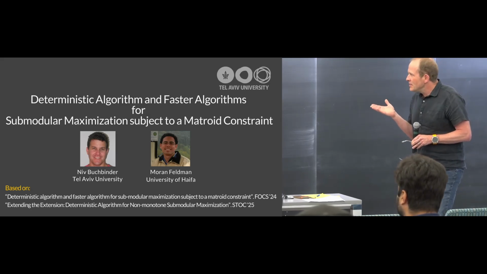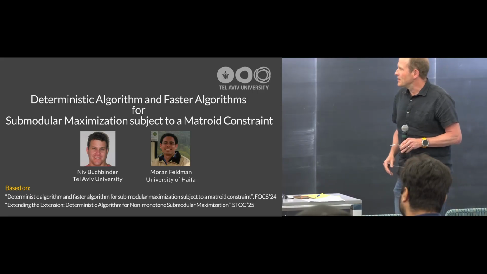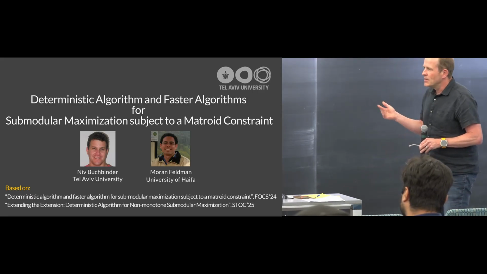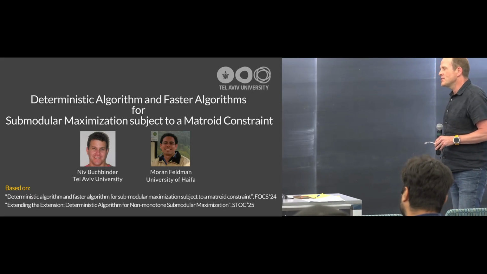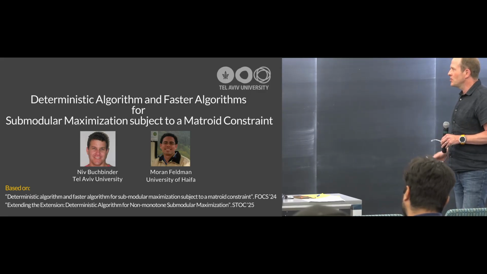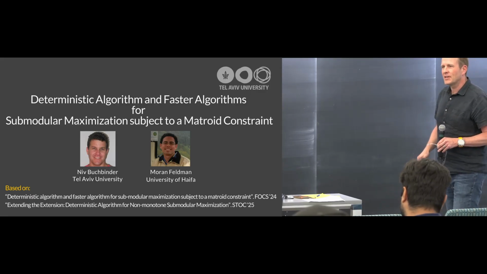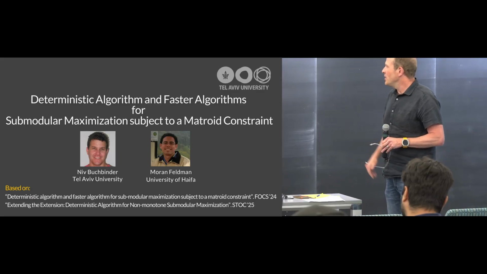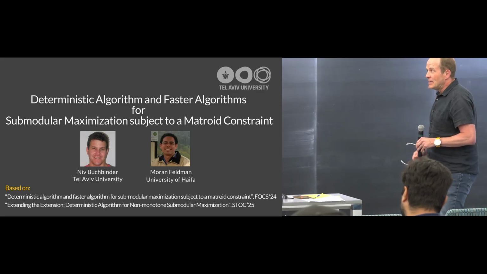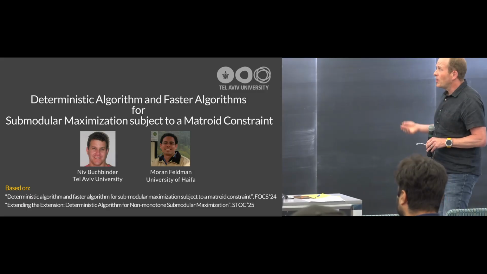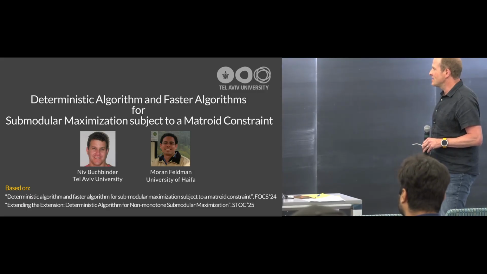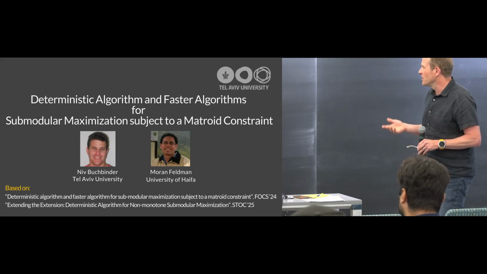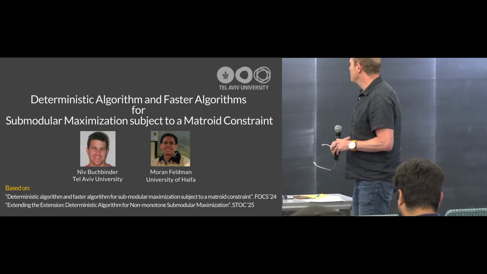His area of research, his PhD thesis, was on online algorithms, in particular the primal dual framework for online optimization, very well known. Today he's here to talk about some new results that he has together with Moran Feldman on deterministic, faster algorithms for submodular maximization subject to Matroid constraints.